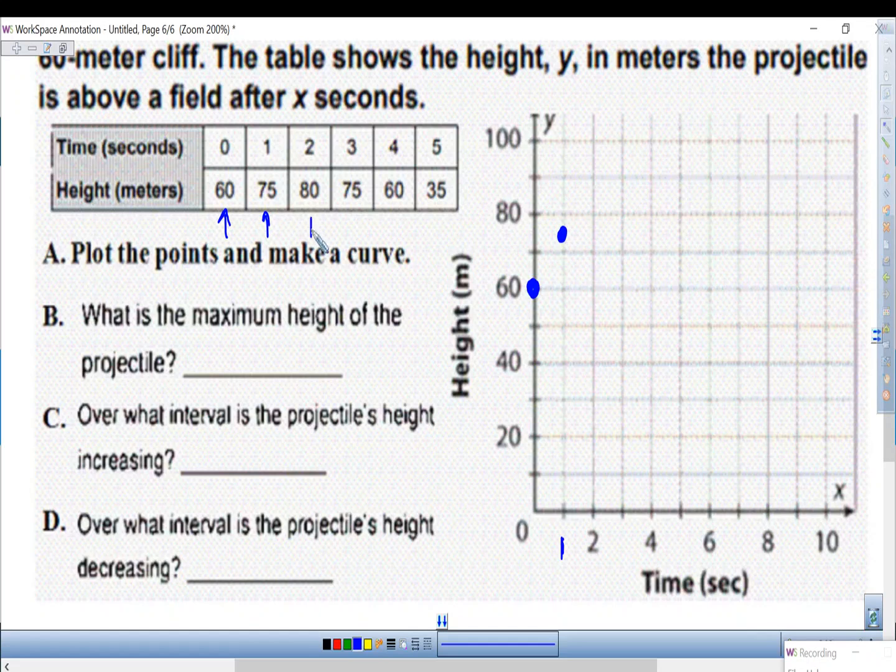Next, 2 seconds, we are at 80 meters. 3 seconds, 75 meters. 4 seconds, 60 meters. And 5 seconds, we are at 35 meters. So that's (5, 35).